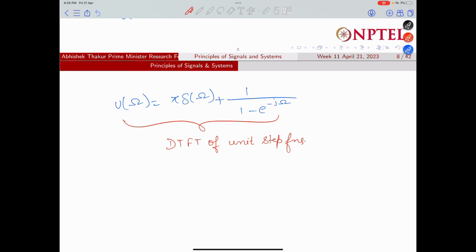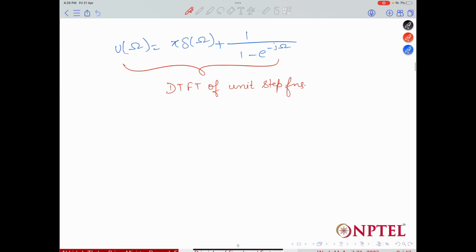Now we will find the DTFT of the accumulator function. Next is one of the properties also, the accumulation property of DTFT. So what is an accumulator function? That is a summation function.